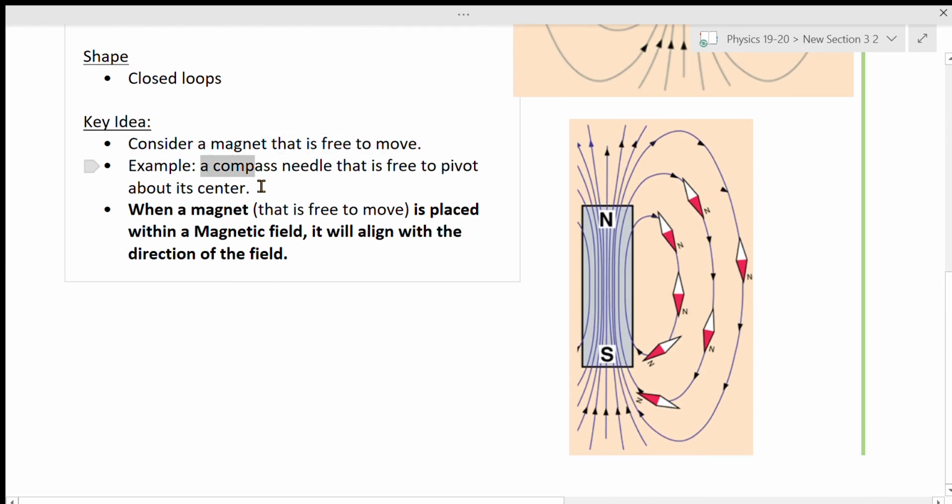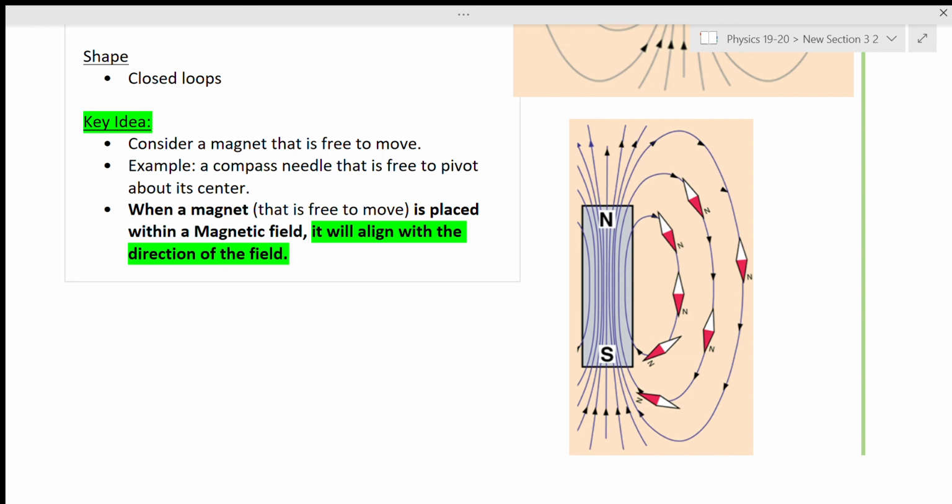A compass needle is just a magnet that's been set on a pivot so that it can spin around easily. The key idea is that when you put a magnet, like the needle of a compass, within a magnetic field, it will align with the direction of the field. This is how compasses work, and how they tell us where the magnetic north and south poles are.